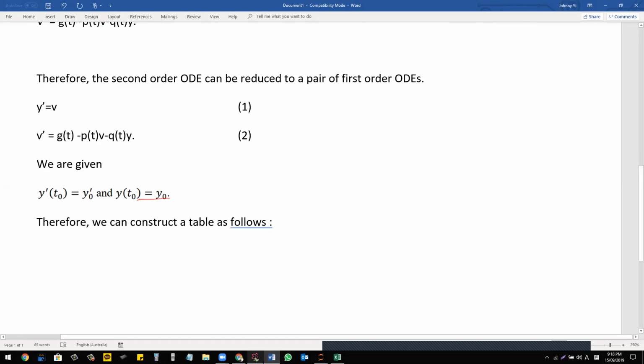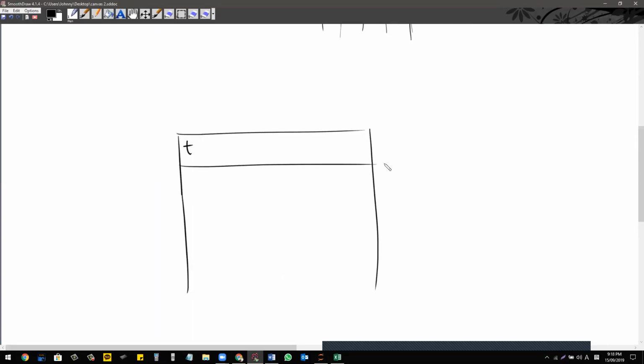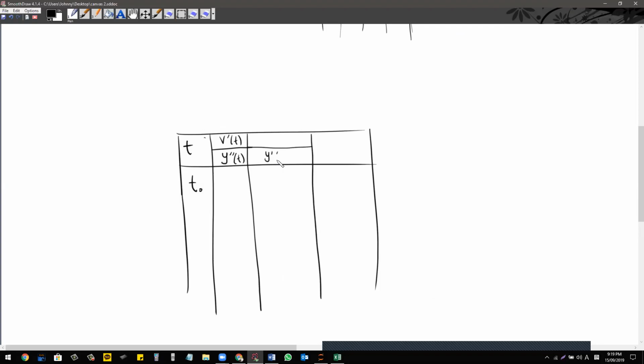What needs to happen is you've got your t, and you start with t naught, and you've got your y double dash of t, which is v dash of t. And you've got your y dash of t, which is v of t.